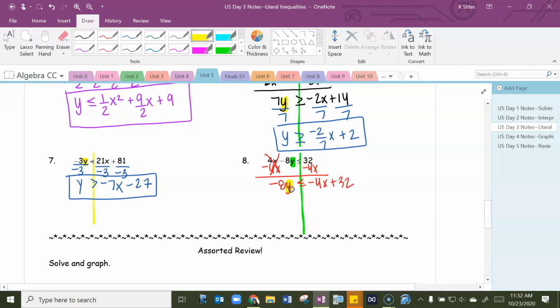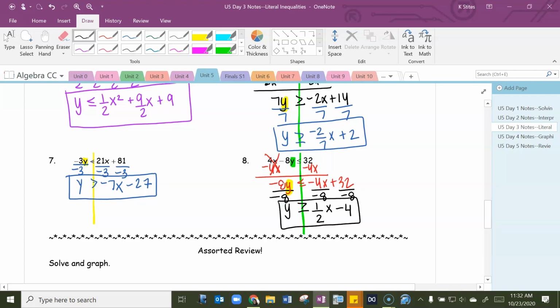And then we still need to get the y by itself, but be careful, we're dividing by a negative. Okay, so automatically make sure you flip that symbol. It was pointing left, it should be now pointing right. -4 divided by -8 is a +1/2 x. 32 divided by -8 is a -4. And there you go.